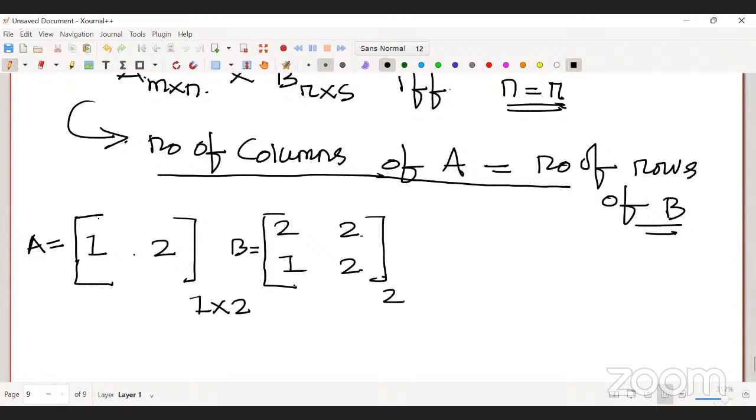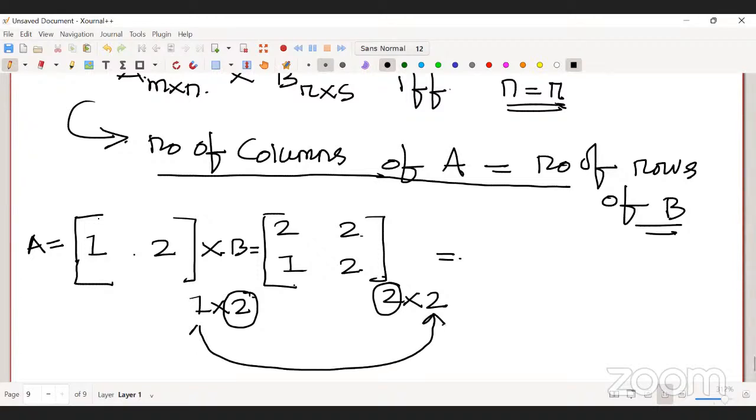This is a 2 cross 2 matrix. So here the number of columns of A, which is 2, is the same as the number of rows of B, which is 2. So then I can multiply these matrices, and if I multiply, I will get a matrix of order 1 cross 2.